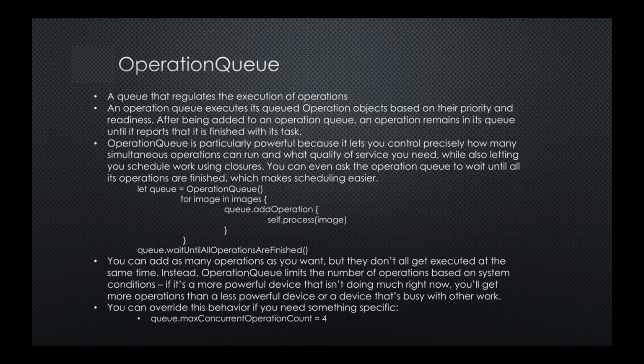An operation queue executes its queued operation objects based on their priority and readiness, and after being added to an operation queue, an operation remains in its queue until it reports that it has finished its task. So until the task is finished, it will stay in the operation queue.